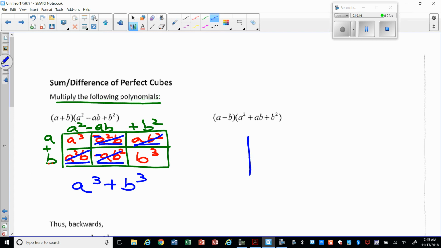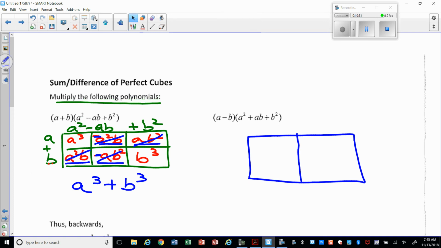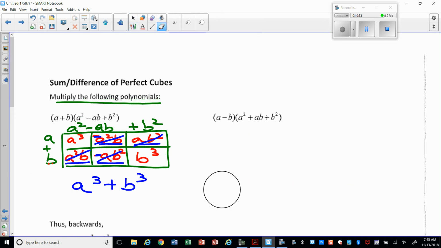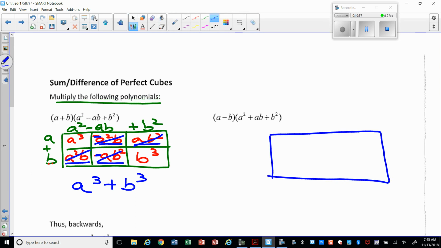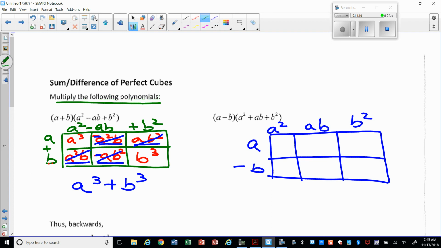If I was to multiply these together, I've got a minus b times a squared, ab, b squared. And if I'm multiplying them, a times a squared is a cubed.